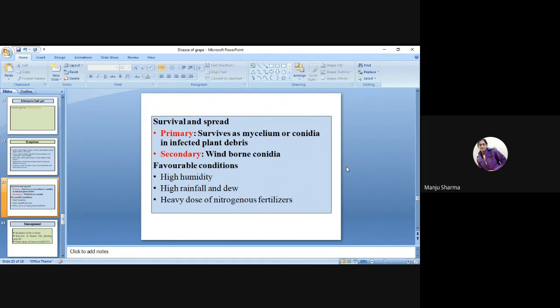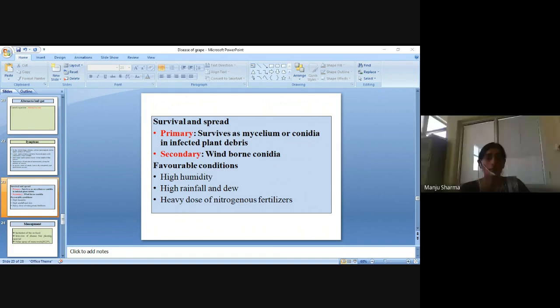Favorable conditions are high humidity, high rainfall, and dew, and heavy doses of nitrogenous fertilizers. If we provide more nitrogen than a particular concentration, then it favors the pathogen, and then the pathogen causes the disease.